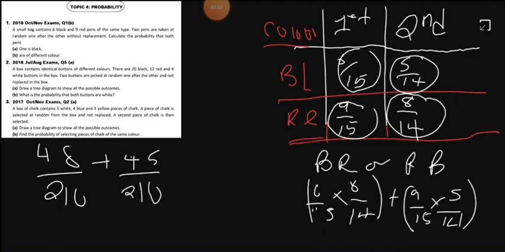Since we have the same common denominator, it's 45 plus 48, giving us 93 over 210. If you can reduce this, then you can go on and reduce, so it becomes as simple as it can be. But otherwise, I'm going to end there.